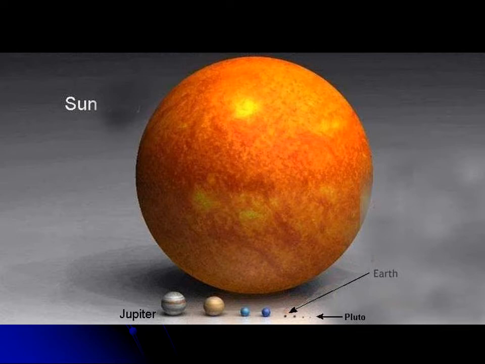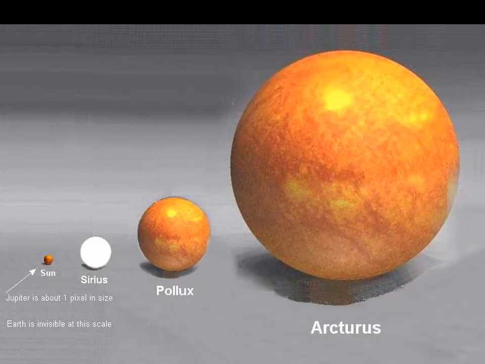And so putting some of this stuff into perspective, our own solar system. Earth is this little tiny thing here. So the small terrestrial planets, you could fit 1,000 Earths inside of Jupiter. You could fit 1,000 Jupiters inside of the sun. The sun dominates our entire solar system. But the sun is comparatively a small star to some of the other stars.